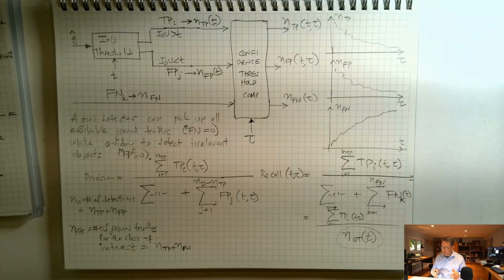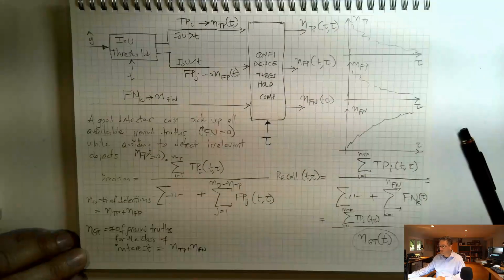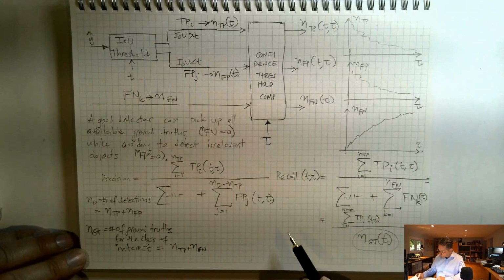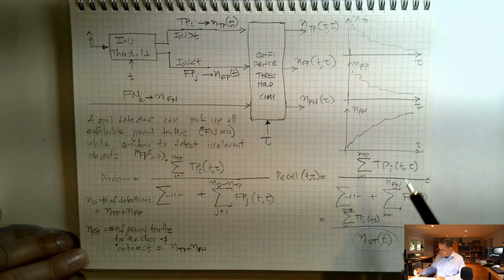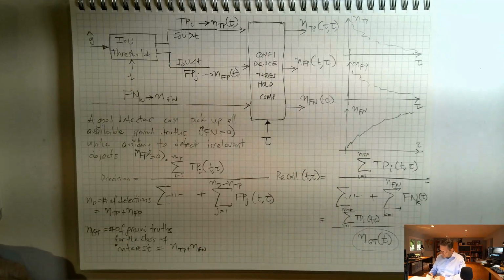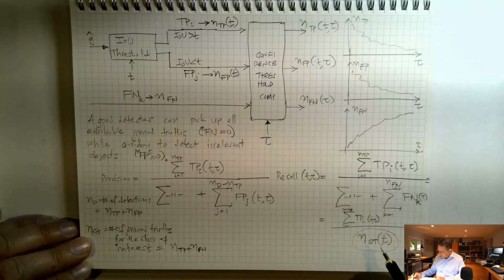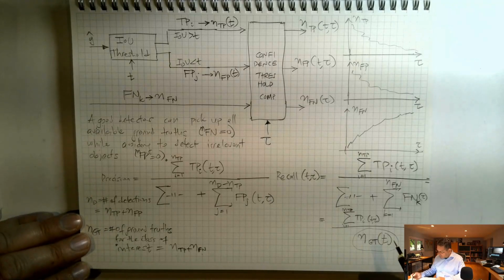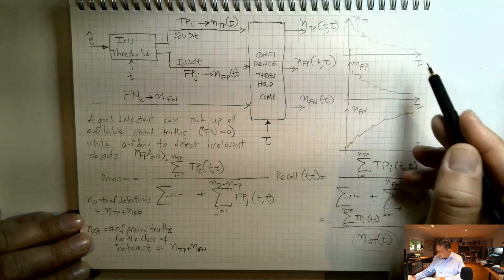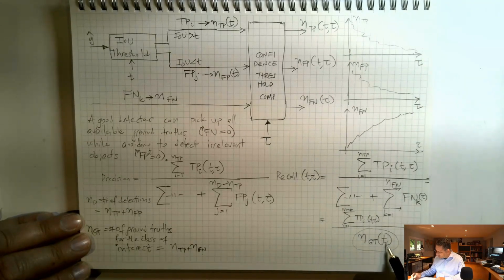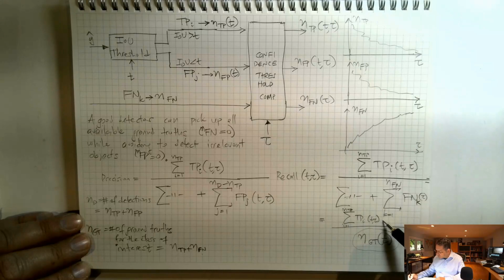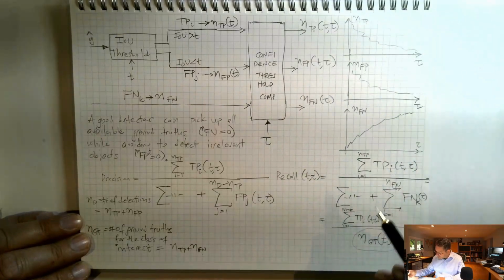Something that will become important to understand is the shape that this precision versus recall curve is taking. To understand the relationship of recall versus the confidence threshold tau, we can expect a decreasing function of tau. The reason is that the denominator over here is not affected by tau. The only thing that's affected is the numerator, which is a decreasing function of tau.